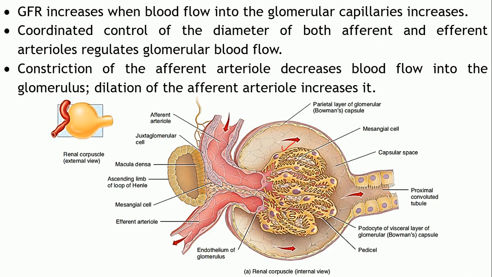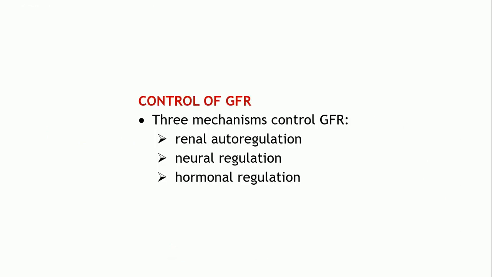If vasoconstriction takes place in this area, what will happen? Vasoconstriction means the diameter reduces, so the blood entering these capillaries will obviously decrease, right? Low blood flow means low GFR, right? Less of it will get filtered out. So that's how the adjustments of the GFR can take place.